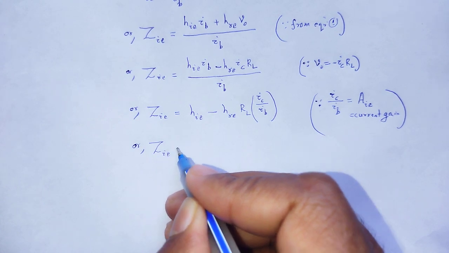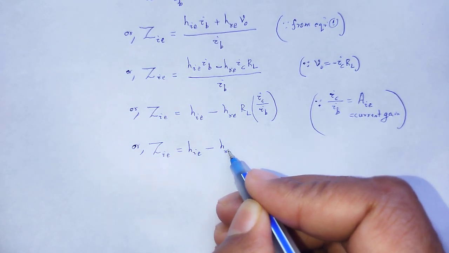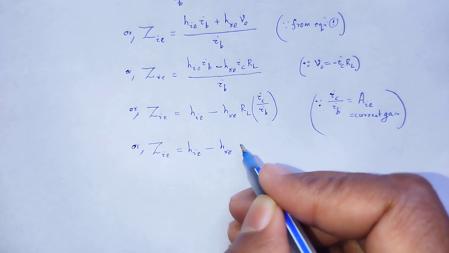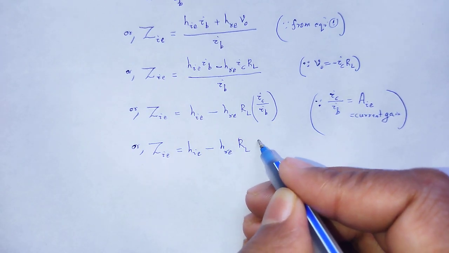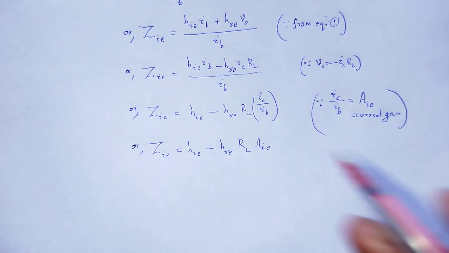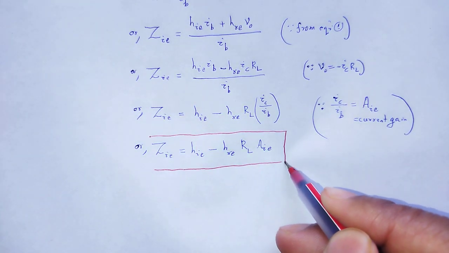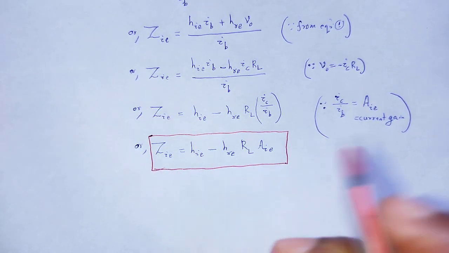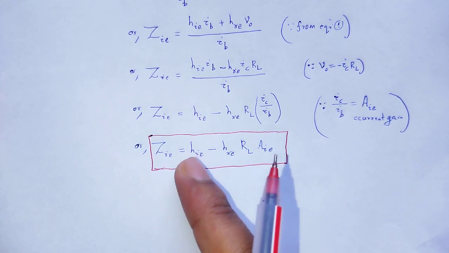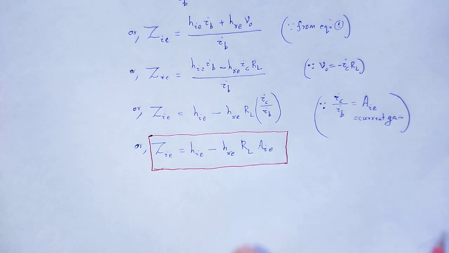ZIE is equal to HIE minus HRE RL AIE. This is the expression for input impedance. Now we have evaluated input impedance in terms of H parameters.